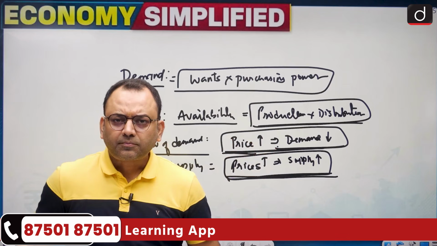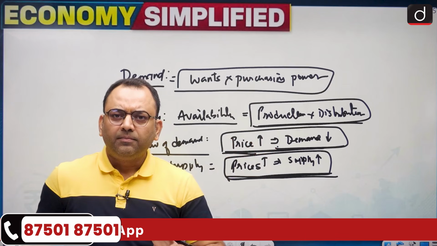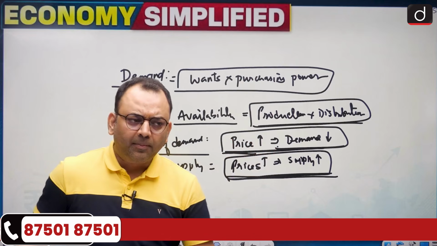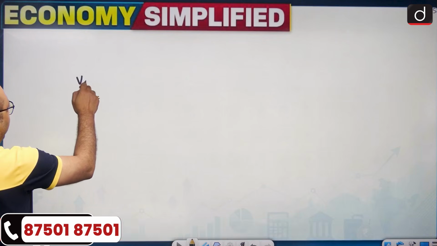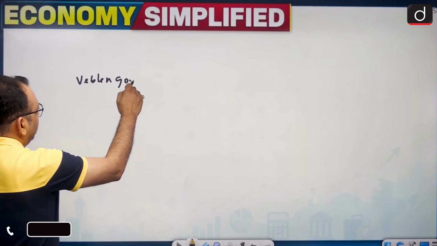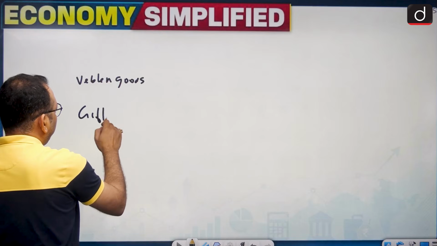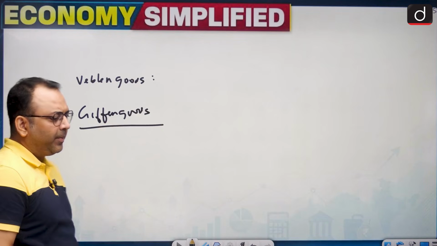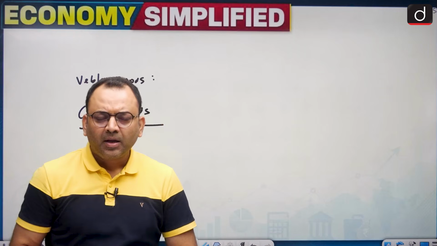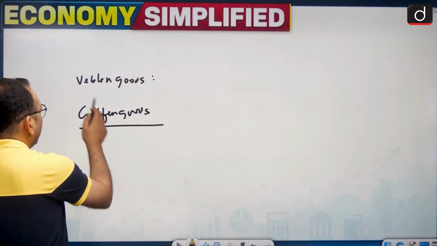But we have normal goods following the law of demand, and we have goods like the Veblen goods and the Giffen goods. They don't follow the law of demand. Let's see what these goods are. First of all, the Veblen goods.